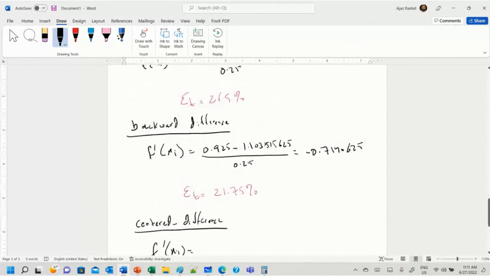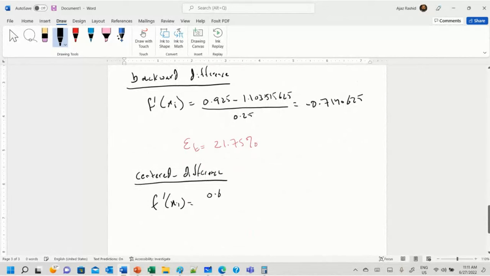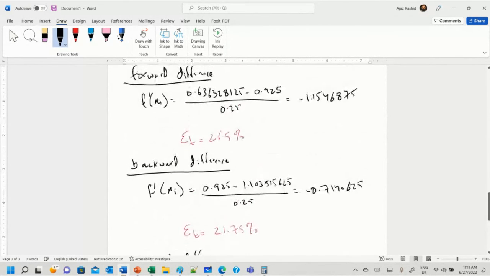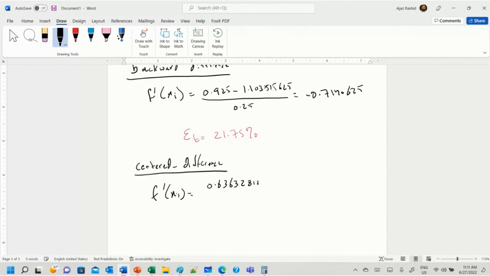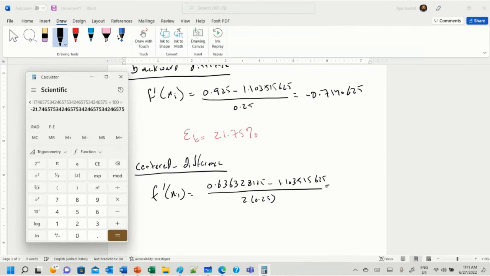The value at 0.63632825 minus 1.03515, divided by 2 times 0.25, which is 0.5. So 0.934375.